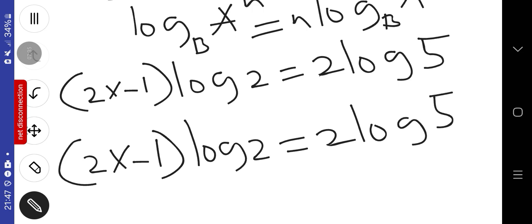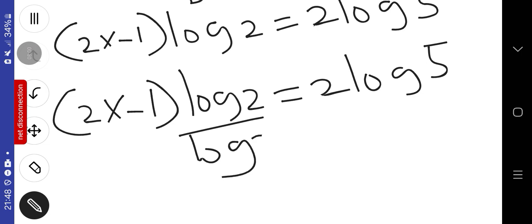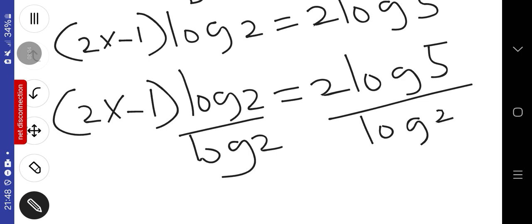Now we want to make x the subject of the equation. So we are going to move anything that is closer to x. First we are going to move log 2. We divide here by log 2 and then here by log 2.